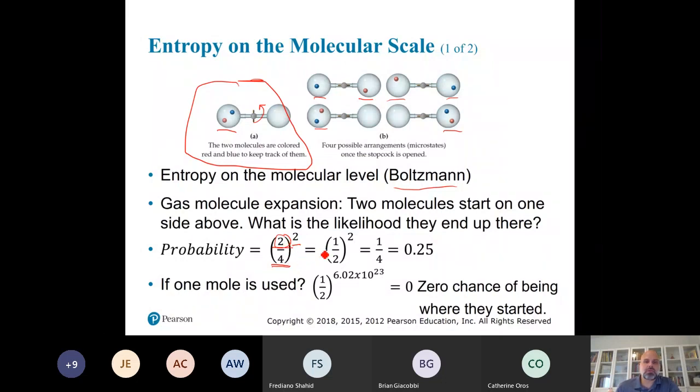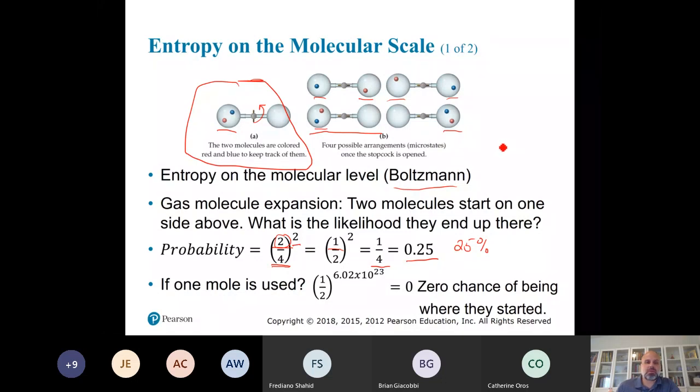So 2/4 is the same thing as half, right? 1/2 squared is equal to 1/4, which means this is 0.25 as a probability, which is basically equal to a 25% probability that we will end up with both of the balls on the left-hand side as shown in the original picture A.